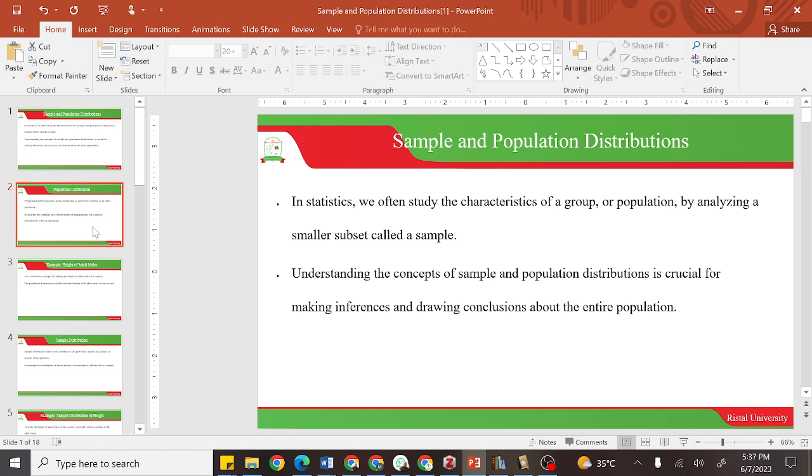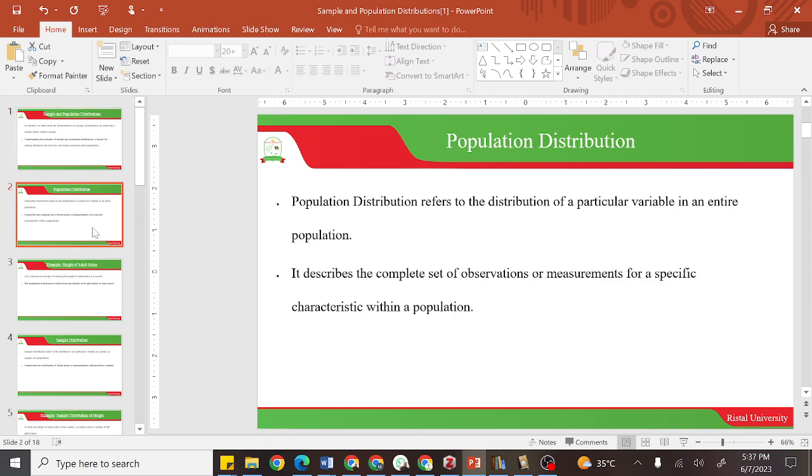Now, when we talk about population distribution, we refer to how a particular variable is distributed in an entire population. This is to say that if we want to look at the height of individuals in monarchy, okay, monarchy is a place in Juba.